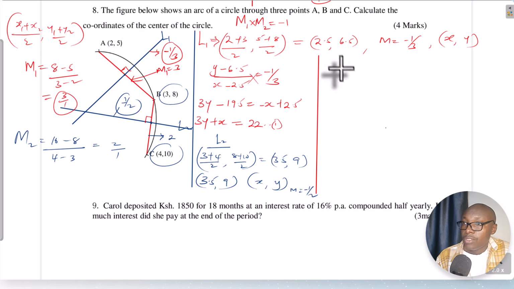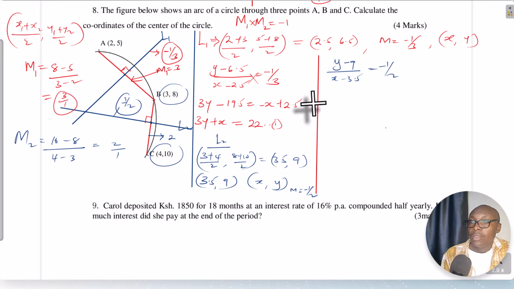So change in y divided by change in x, which is x subtract 3.5. Now I made a mistake there. Change in y will be y subtract 9, then x subtract 3.5, would be negative half, the gradient.